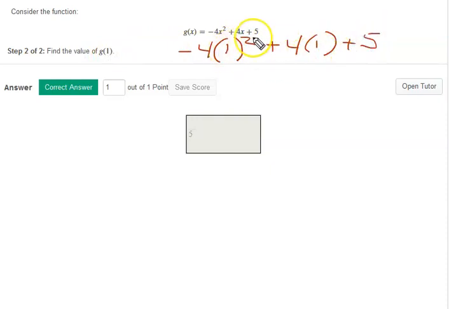So now 1 squared is 1. Negative 4 times 1 is negative 4. This will be a plus 4, and this is a plus 5. Well, these two will cancel out each other, and our answer is a plus 5. But again, you want to show the work, careful, watching the signs. Let's go on.